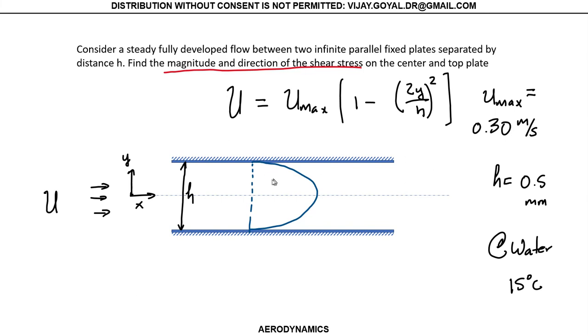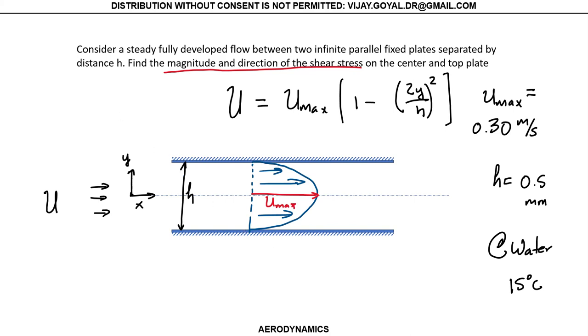This is what your flow will look like. This is your velocity profile across the two infinite plates, where u max is this value right here, right in the middle.